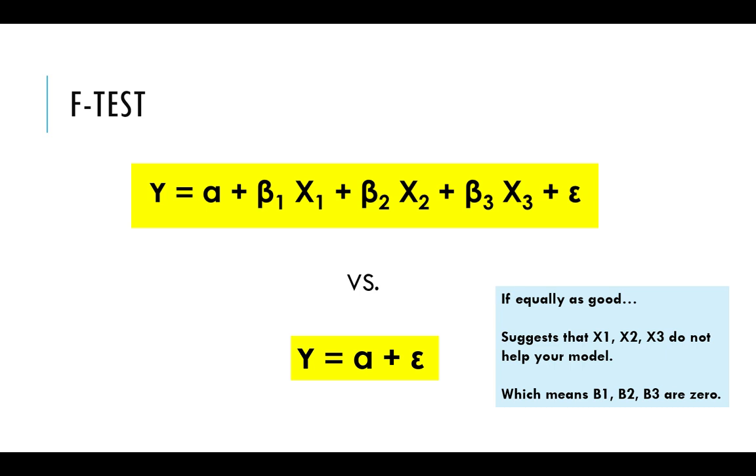And if they don't help, it's got to be because beta 1 and beta 2 and beta 3 are all equal to 0. Well, if beta 1 is equal to 0 and beta 2 is equal to 0 and beta 3 is equal to 0, then what do I have? I just simply have an intercept and my error term, which says my model doesn't really do much. All right, hopefully we don't have that problem, right?